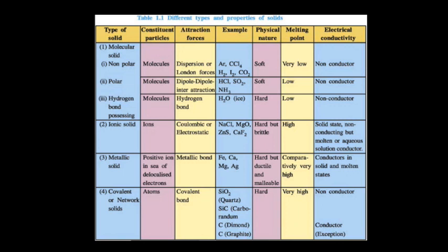Fourth type of solid is covalent or network solid. Constituent particles are atoms. Attraction forces, covalent bond. Examples are SiO2 quartz, SiC carborundum, C diamond, C graphite.